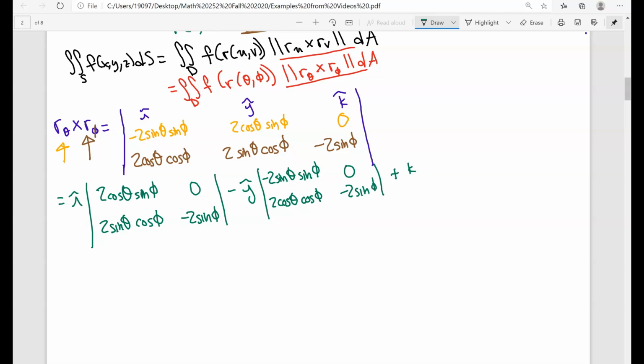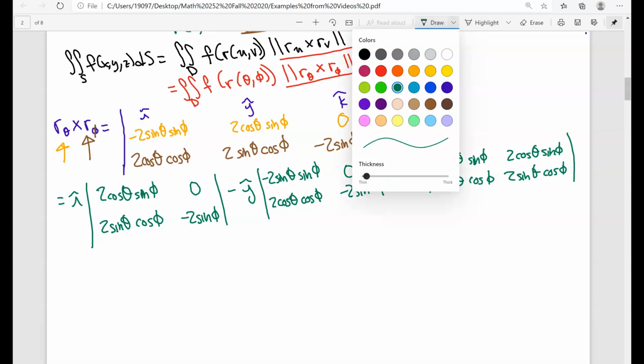Then plus k hat, negative 2 sine theta sine phi, then 2 cosine theta cosine phi, 2 cosine theta sine phi, and then 2 sine theta cosine phi. Okay, so a lot of crazy things in here. And hopefully I didn't make a mistake, because if I made a mistake, it's going to be terrible. Okay, so it all looks kind of right.